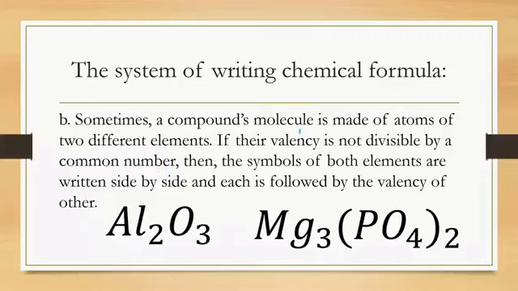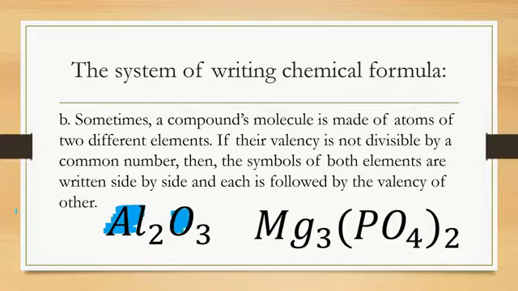Sometimes a compound's molecule is made of atoms of two different elements. If their valencies are not divisible by a common number, then the symbols of both elements are written. For example, in aluminium oxide, there are two elements, aluminium and oxygen.